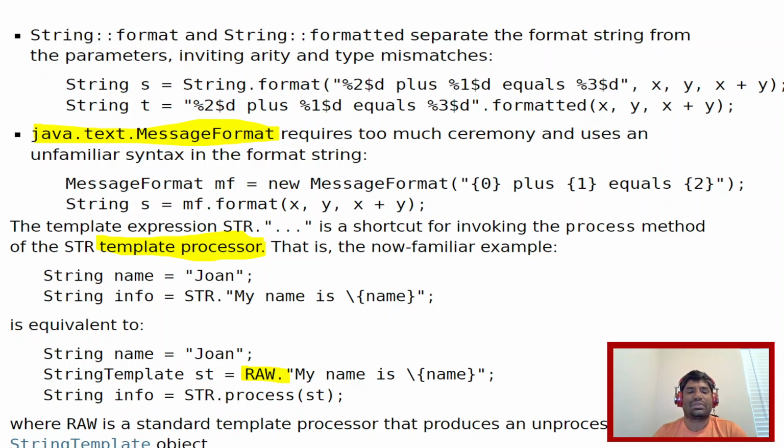Template processors define, say here, String name = John and String information, and STR is the template processor they introduced.